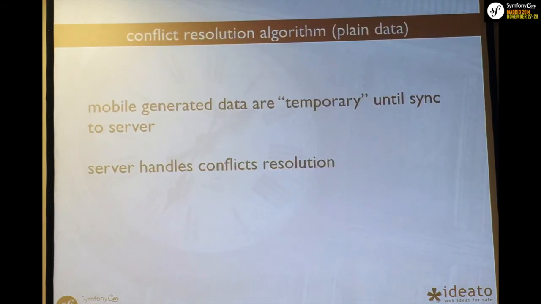So basically, mobile-generated data are temporary until they are synchronized with the server. And as I said before, the server is in charge of handling conflict resolution. Okay, the client basically doesn't do anything.